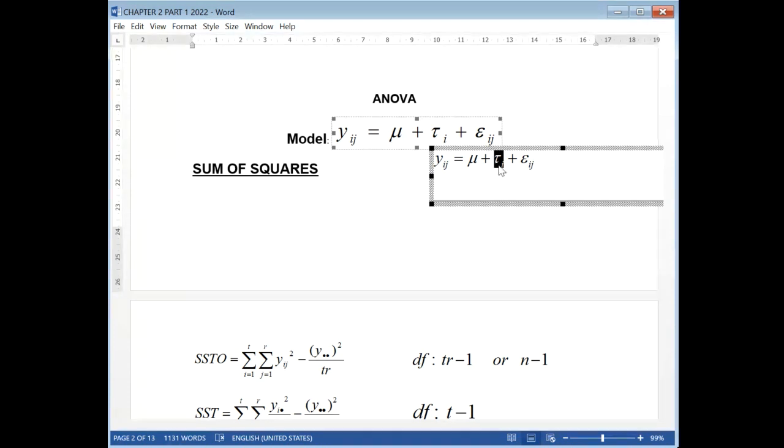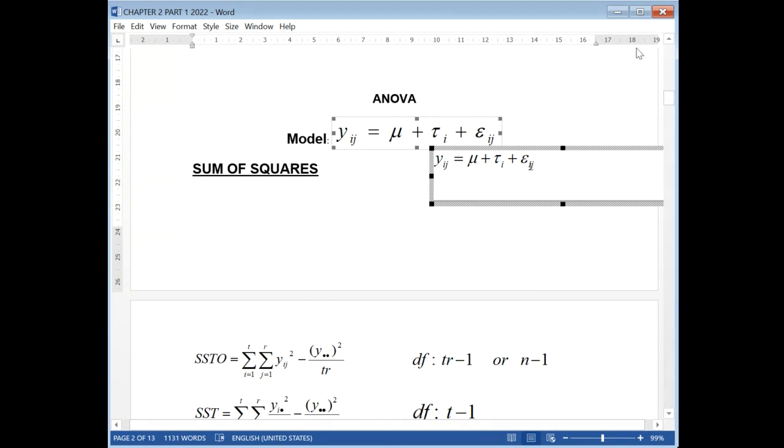Our only focus is on the treatment. This model will keep on changing when we go to the next chapter. Because our focus is only on the treatment, this is the model. The eij are the errors, which we expect to be normally distributed around a mean of 0 with variance sigma squared. You know this from first semester.